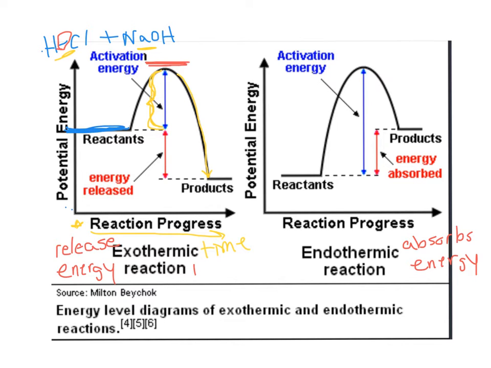So on the downside of this graph, what's happening within the reaction is bonds are still being rearranged and formed. And notice that in an exothermic reaction, where we started off with energy way up here, when all the products are finally made in that reaction, we end up with our energy way down here.